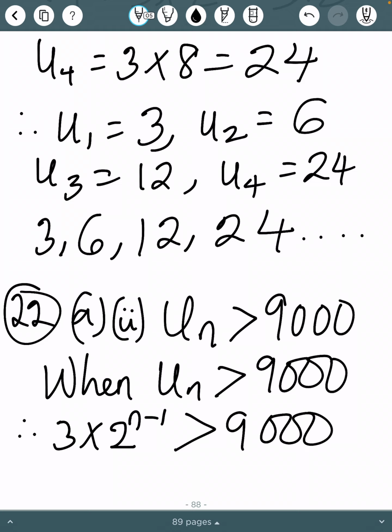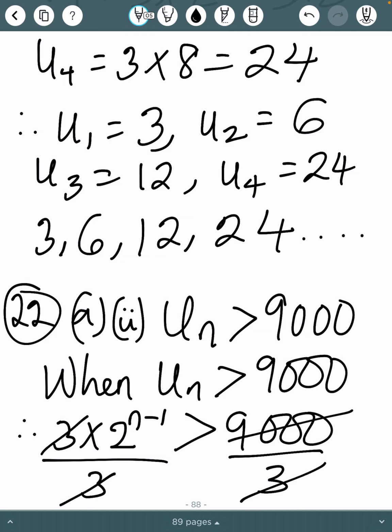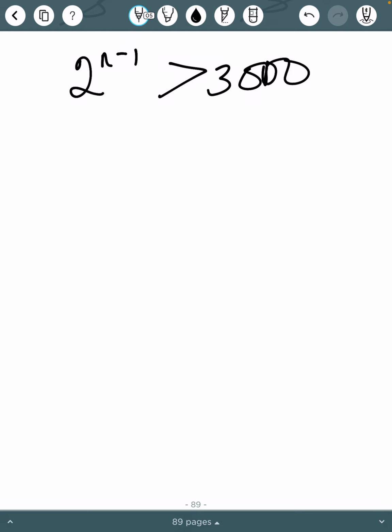And here we could divide both sides by 3. 3 will divide 3 here, 3 will divide 9,000 and give us 3,000. So that means we could say 2 raised to power n minus 1 is greater than 3,000.